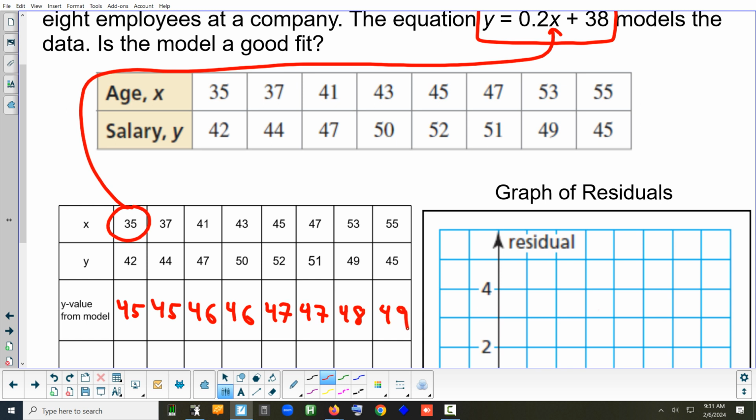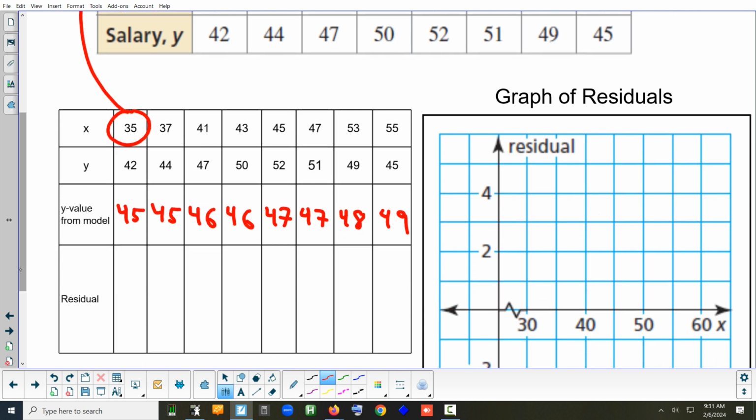Okay, so now the residual is how far off the model was from the actual data. Remember, it's row 2 minus row 3. What's 42 minus 45? The last one is not 48, it's 49, because it came out to 48.6.